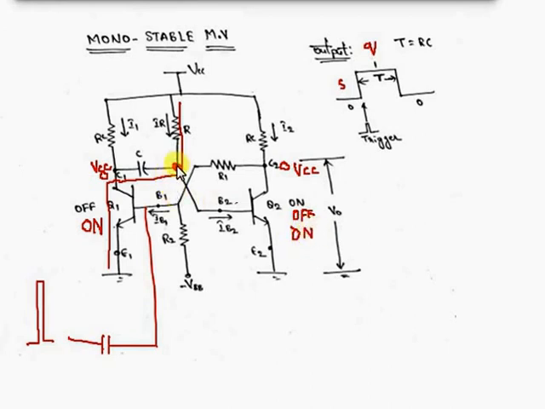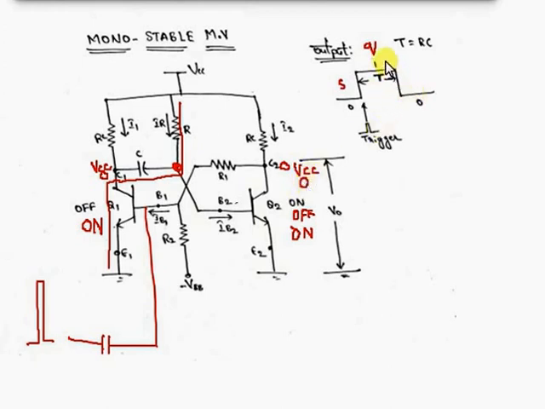The time taken to charge the capacitor from 0 voltage to the cut-in voltage of transistor Q2 is called T, and that T is the RC time constant. Once the voltage across the capacitor equals the cut-in voltage of Q2, transistor Q2 is on, so the output voltage changes from VCC to 0.